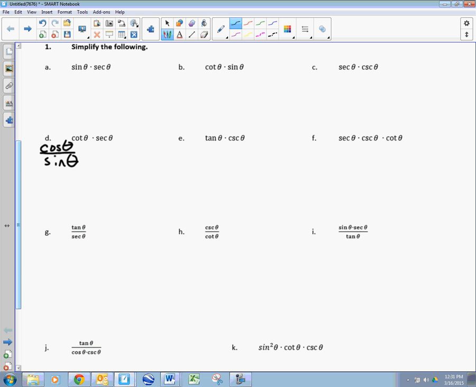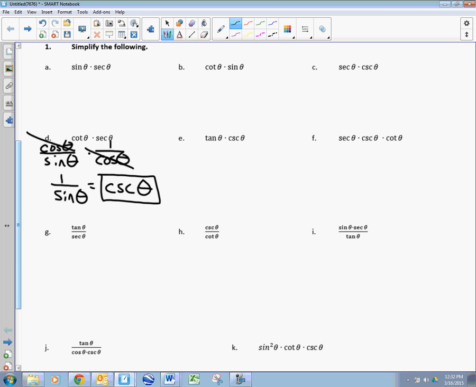Times, what is secant? 1 over cosine. What happens? The cosines cancel. You're left with 1 over sine of theta. What is 1 over sine? Cosecant. Very nice problem.